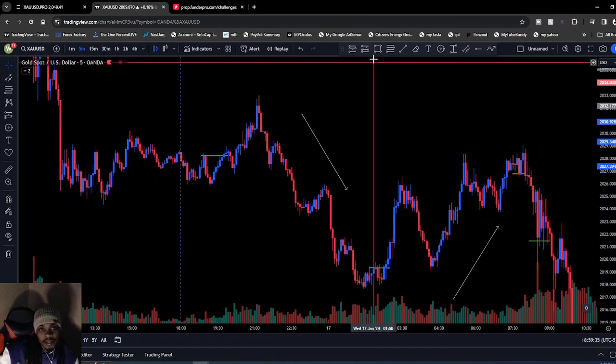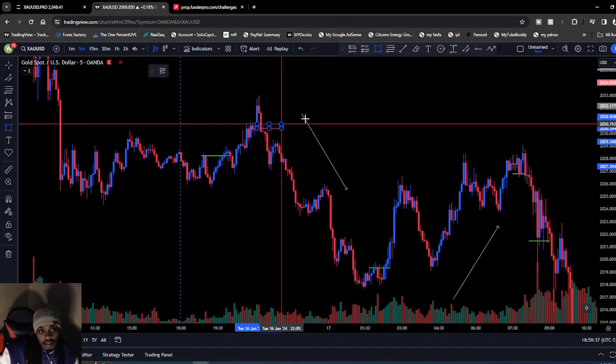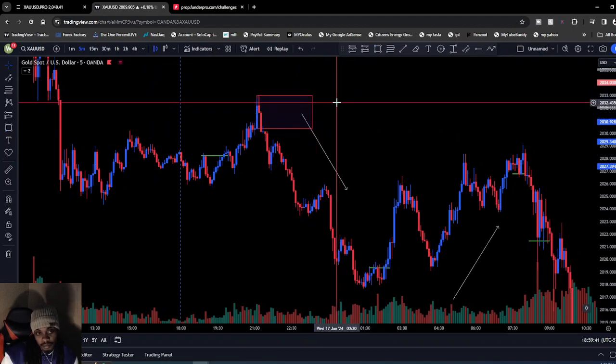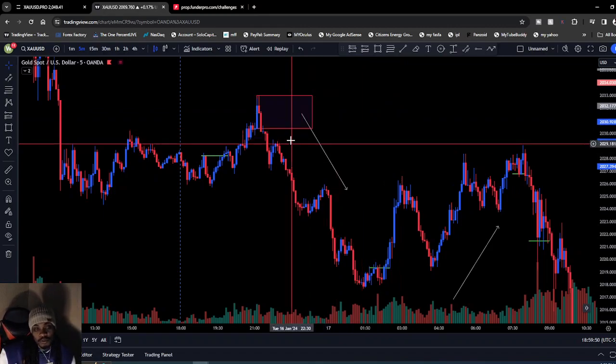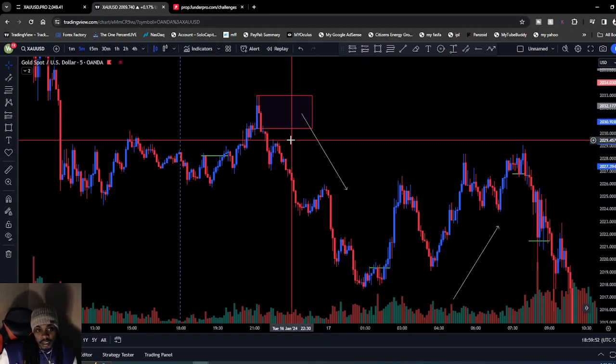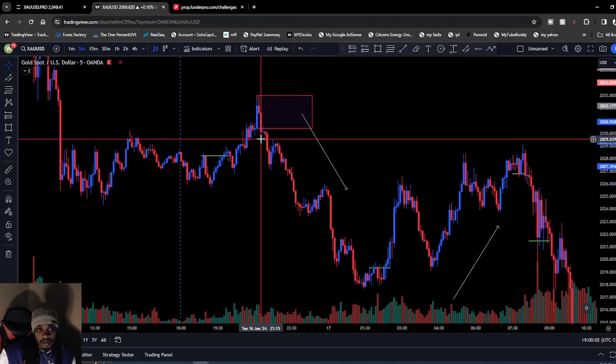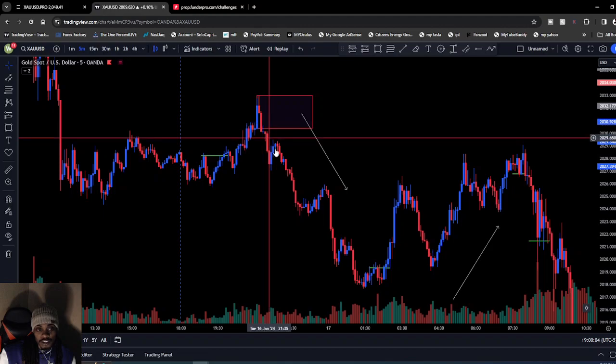And from there on you would mark your zone. This would then be an order block or a POI, a point of interest. So what you would be looking for is for price to push away from the zone and then come back into it and then trade away.